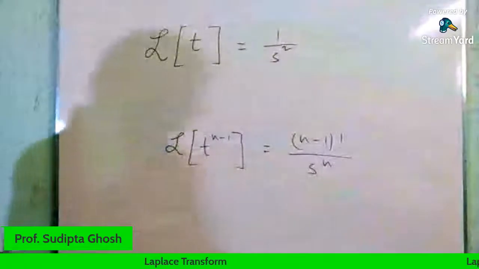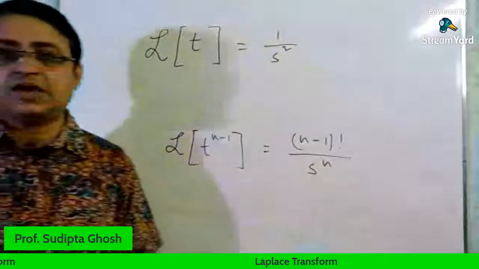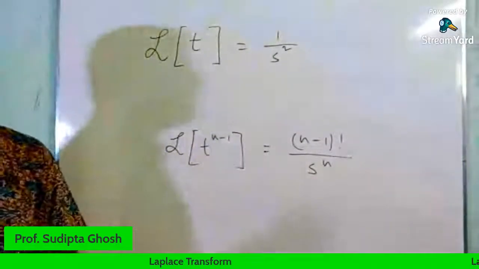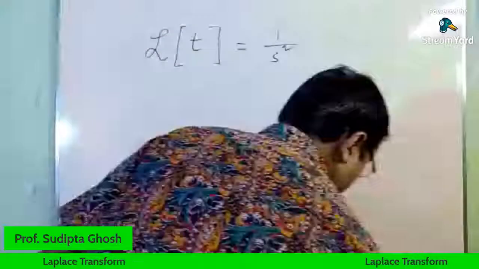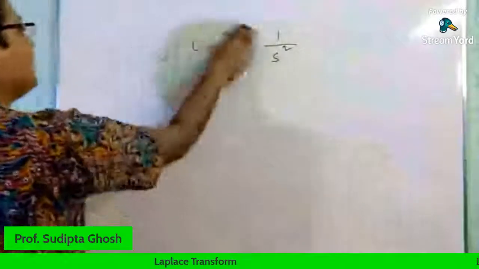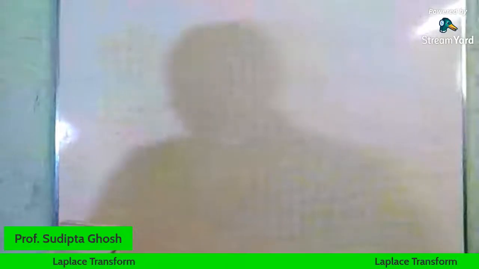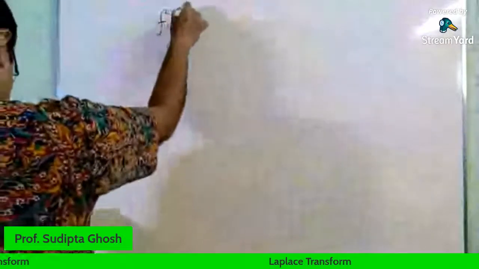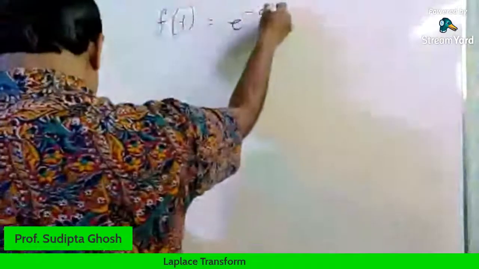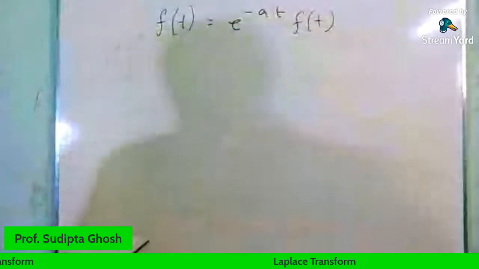Okay. Now let's move on to the transformation of exponentially damped functions. Again, it is a very important type of function for us, the physics students. So the Laplace transform of, let the function be e to the power minus at f of t.